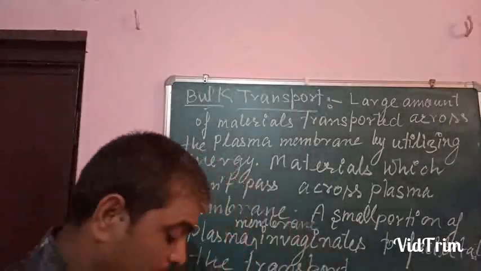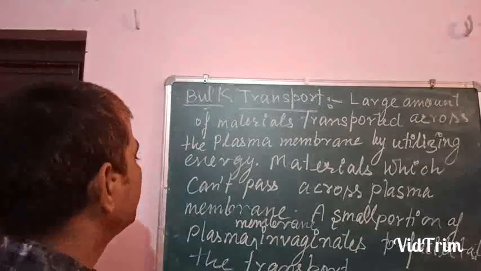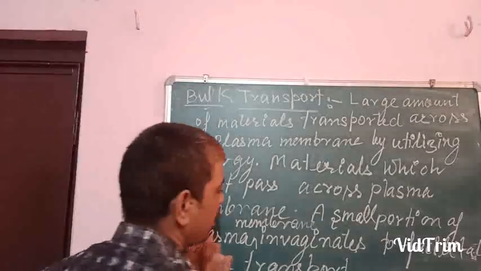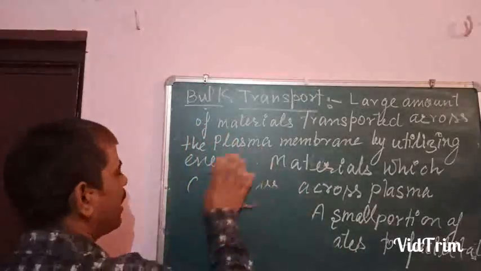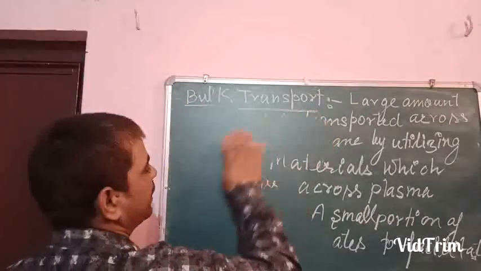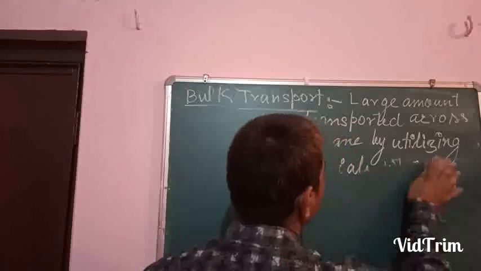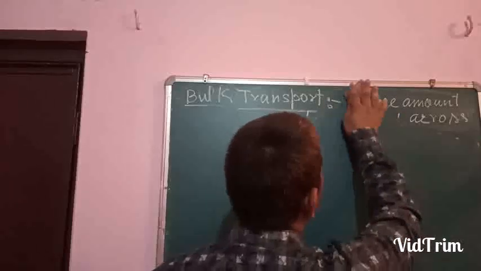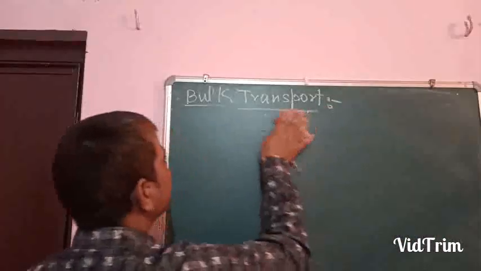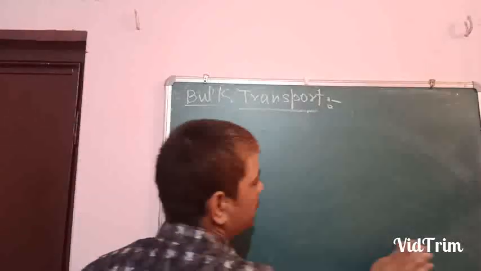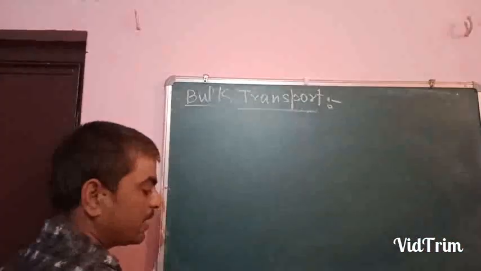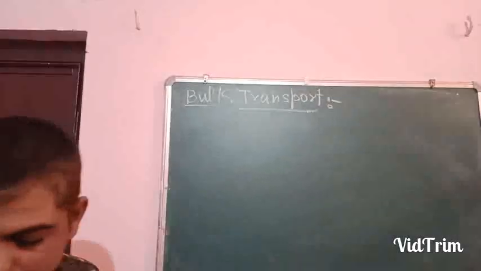Now the question arises, types of this transport on the basis of the form of material. Form of material, state of matter. You know there is solid, liquid, gas. So on the basis of material, which type of material? You know gases are able to pass through diffusion.